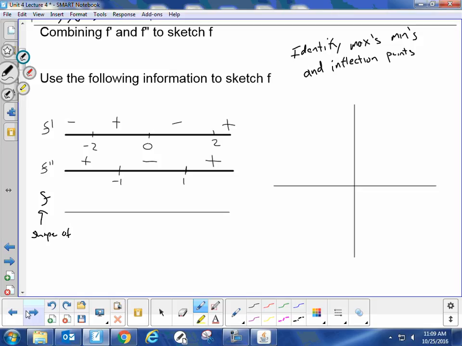Okay. Each of these points here are interesting situations, locations on the graph of f. So for the shape of f, I'm going to include every single point from f prime and f double prime at the same time. I got -2, -1, 0, 1, and 2.